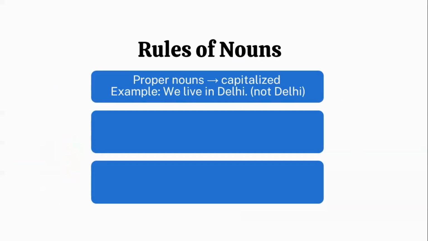Example, we live in Delhi. So here, Delhi, you can see the word starts with a capital letter D, right? That may be present anywhere in the sentence, but the word Delhi starts with capital letter D. So here the proper noun is Delhi.